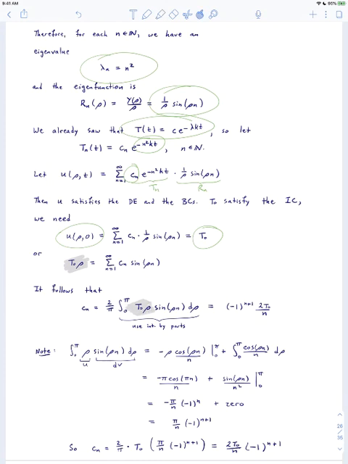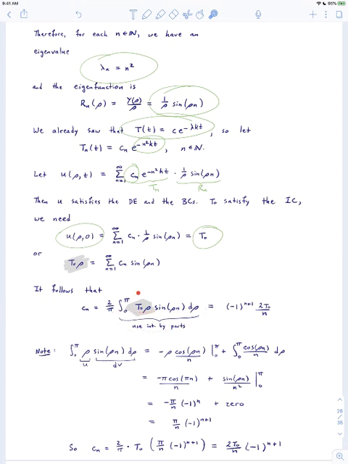So what we've just done is we've written our initial function T0 times rho as a Fourier sine series. So in order to pick off the coefficients, we need to integrate this term against sines. So we're integrating T0 rho times sine of rho n d rho. And so of course we have the 2 over pi times the integral from 0 to pi of this.